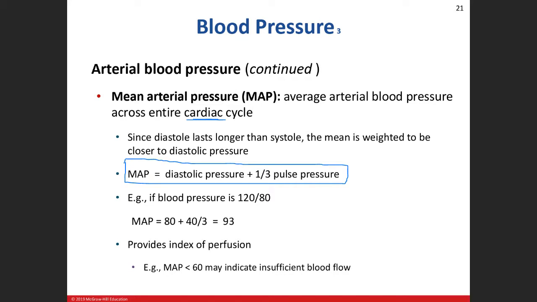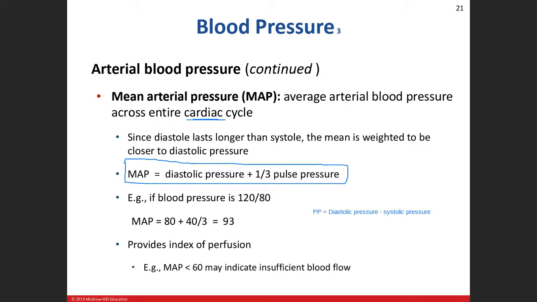I didn't even spell it right. Anyways, there we go. So pulse pressure is the difference between the systolic pressure and the diastolic pressure. Okay, so it's the difference.